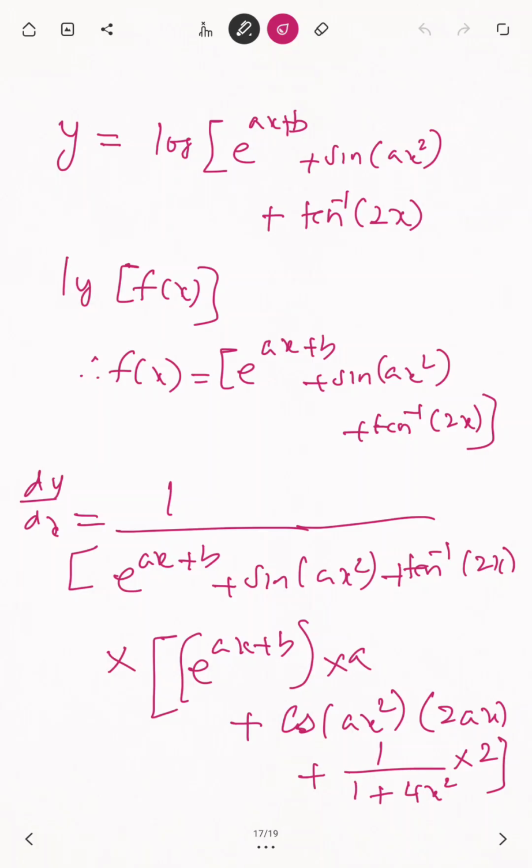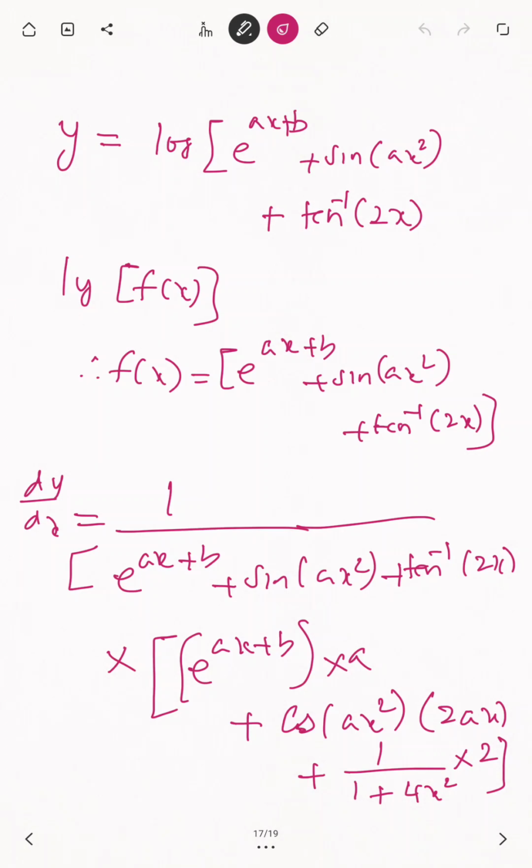So 1 by function is what? e power ax plus b plus sin ax square plus tan inverse. And then after that I am differentiating this. E power function differentiation is what? Exponential function as it is, into differential of power a. Then sin ax square, power is not there, so differentiate base and angle, cos ax square and 2ax. And third one is inverse function. So 1 by 1 plus x square into inverse function after inverse is 2x.